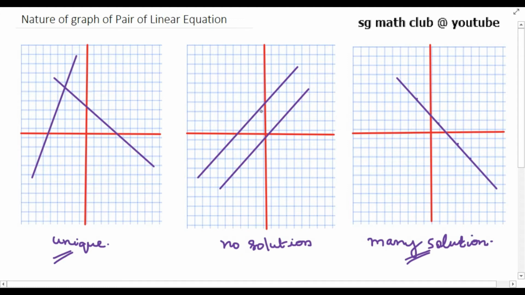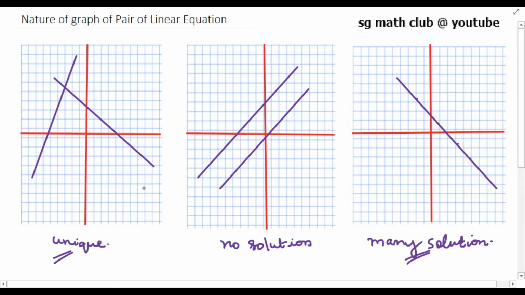So if you see parallel lines, that pair of linear equations has no solution and is inconsistent, whereas if it is intersecting lines or a single coincident line, then it has either a unique solution or many solutions, and such equations are consistent.